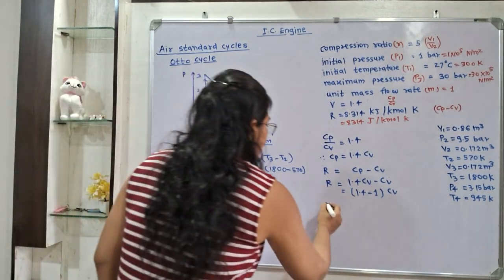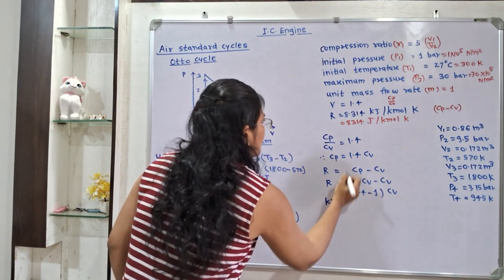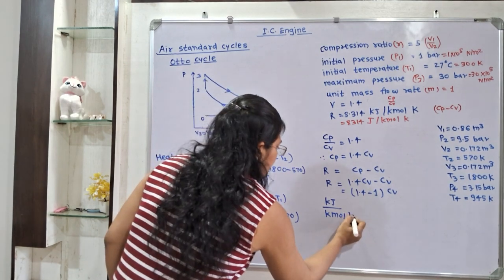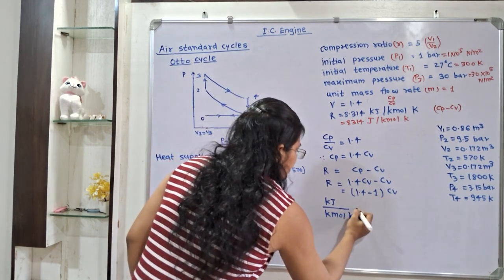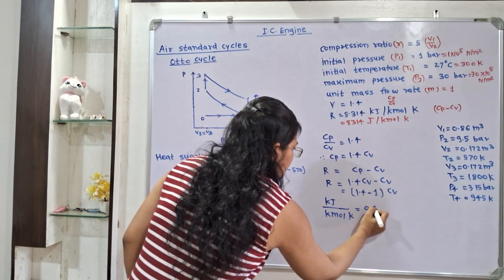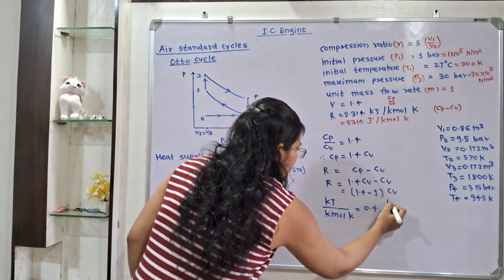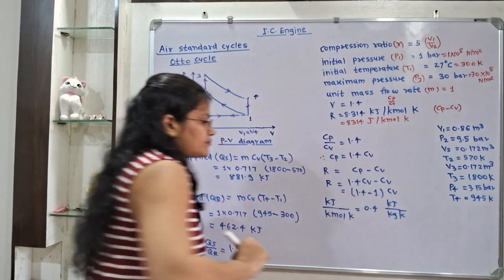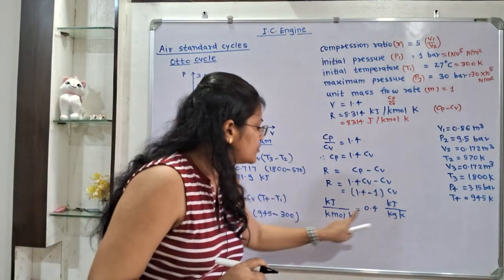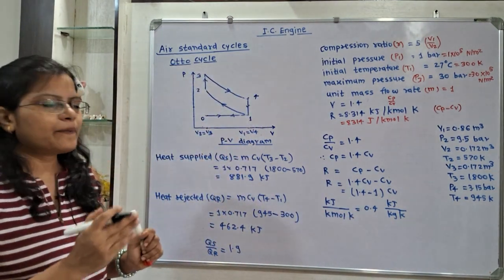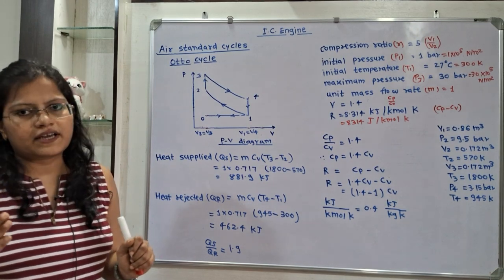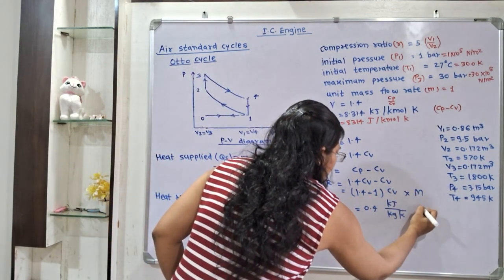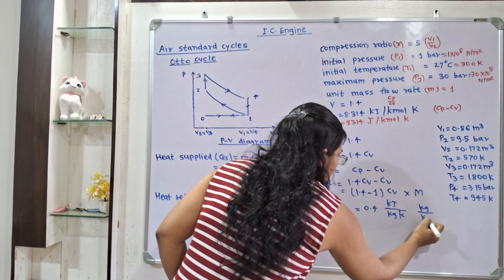So R is in kilojoule per kilomole Kelvin, and Cv is equal to 0.4. Cv is in kilojoule per kilogram Kelvin. So how to balance these units? If I multiply here with capital M, this capital M has the unit kilogram per kilomole.